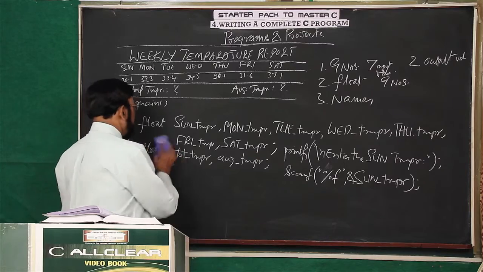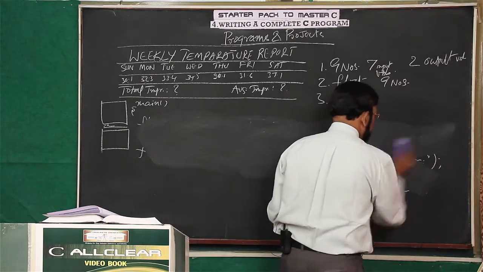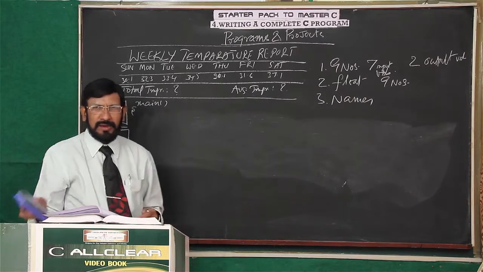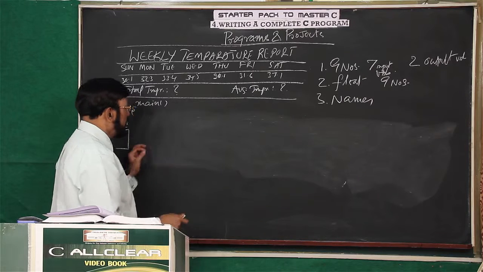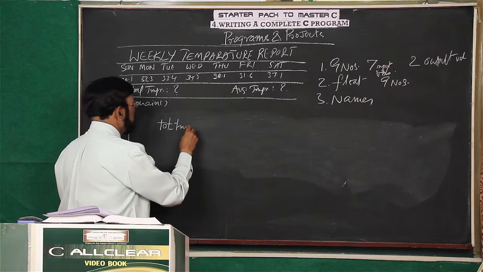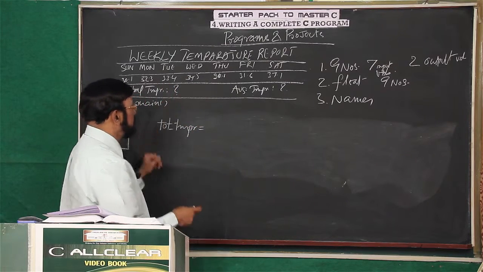For writing the arithmetical formula, certain problems you face, and in writing code, those things I will explain. What is the arithmetical formula? Total temperature is equal to, again you have to add everything.